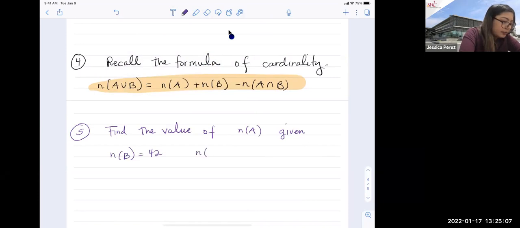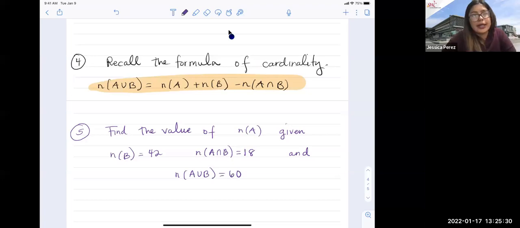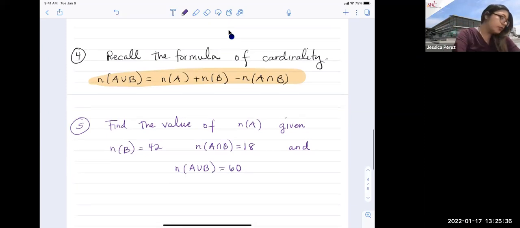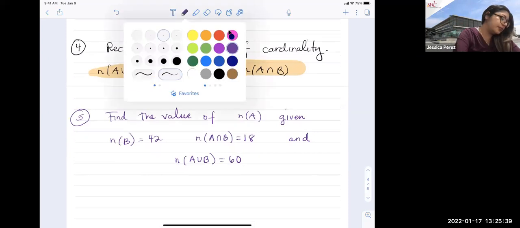The intersection, n of A intersect B, is 18. And the cardinality of the union is 60. I need to find the cardinality of A. So it's like we're solving an equation.